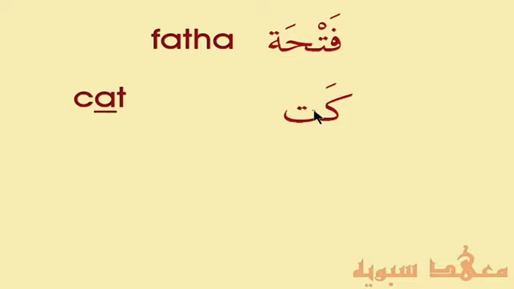And obviously in English we write from left to right, while in Arabic we write from right to left. So in English, when we read a word, we read it this way. In Arabic, it's actually the other way, like that. So we read the first letter and what haraka it has first, the second letter, what haraka it has, and so on.